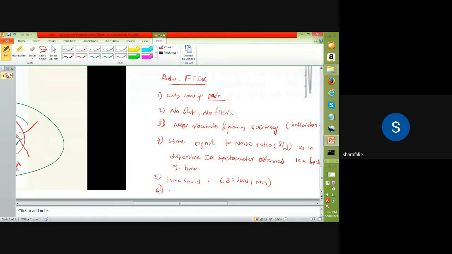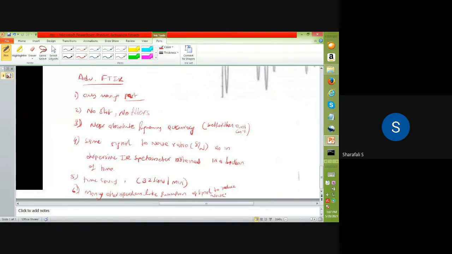Then the sixth one is that many other operations, like summation of signals to reduce noise, are possible. Reducing noise is possible.